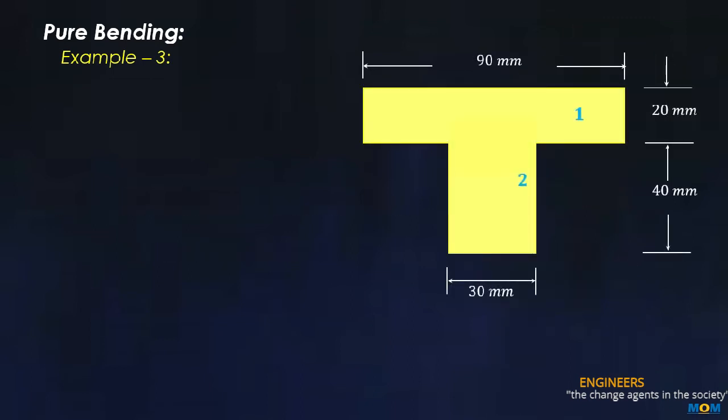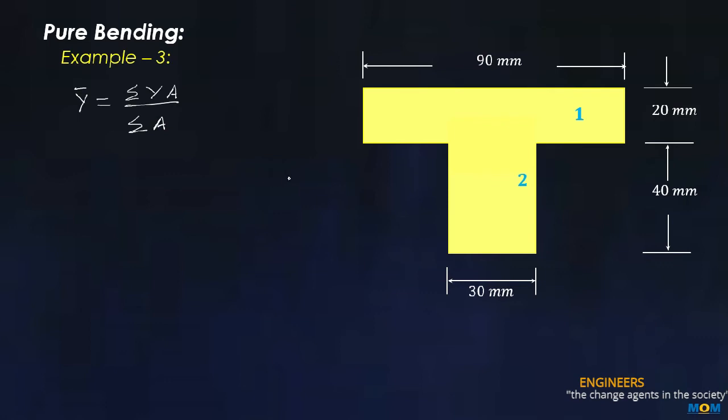Now right away we can see that this part is made up of two rectangular bars, rectangular bar 1 and rectangular bar 2, and we would be using the expression for centroid y bar is equal to summation of product of individual centroid of the rectangular bars into area and summation of area.